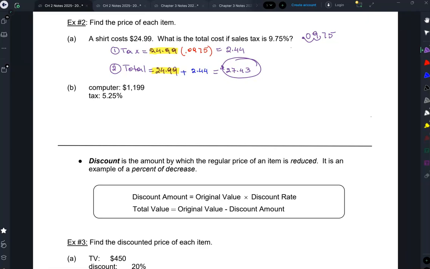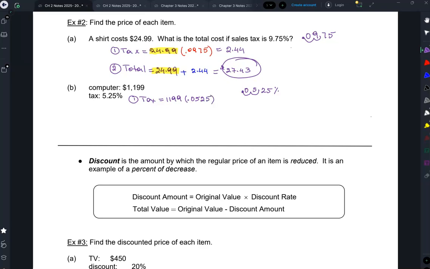We have a computer being sold for $1,199. Tax is 5.25%. So first I want to figure out how much tax there is. So original times, what do I multiply by? 0.0525.